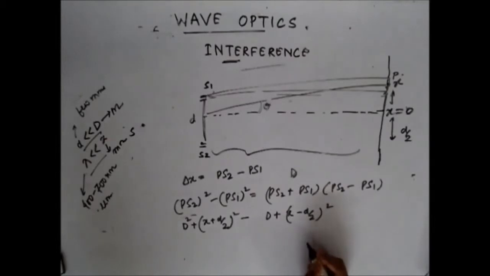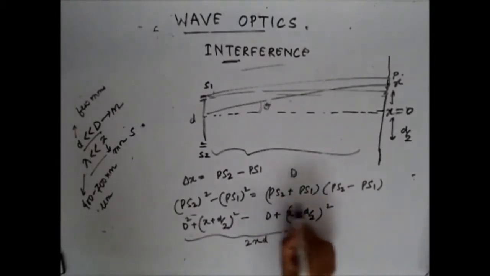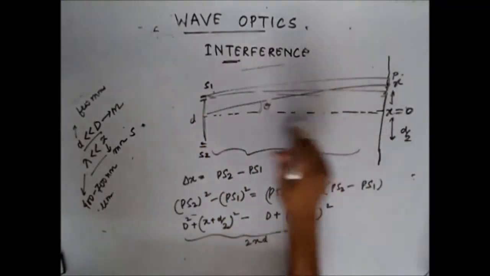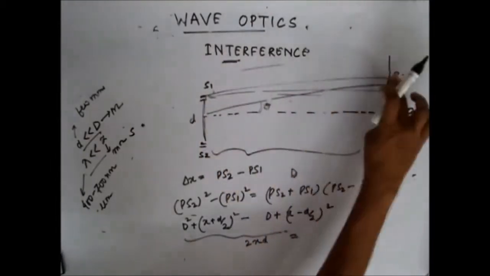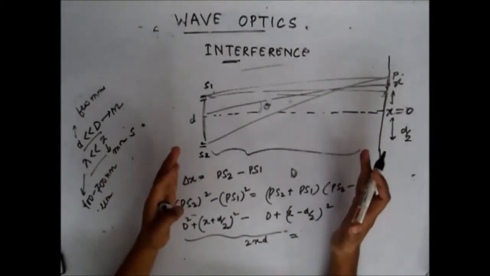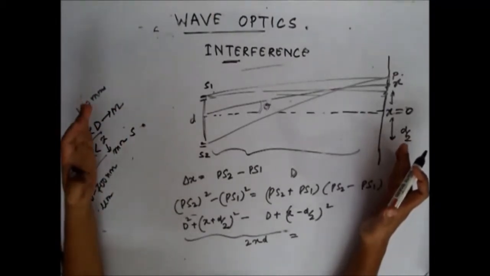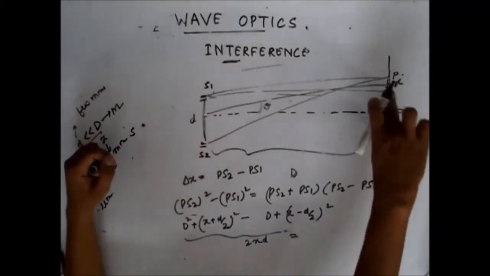Now if you simplify this, you will get this as 2xd. Then PS2 plus PS1: PS2 is this distance plus PS1 is this distance. Now you see that we are drawing it to a smaller scale. Actually the distance between the screen and the slits is very large compared to all other distances.